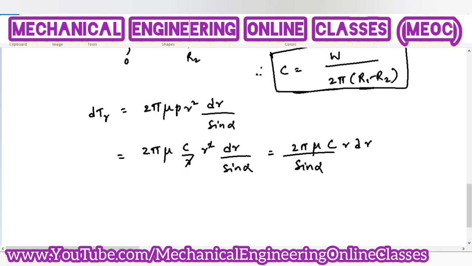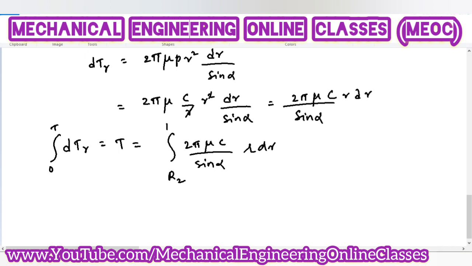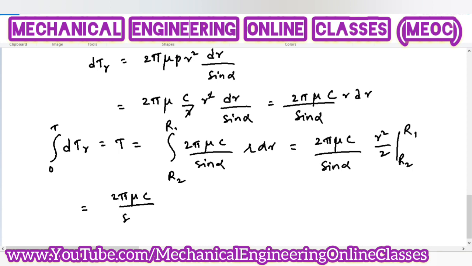Now if we integrate this on both sides, we get T is equal to 2 pi mu C by sine alpha, these are all constants, integral of R dr from R2 to R1. So we get 2 pi mu C by sine alpha into R square by 2 from R2 to R1. So this can be 2 pi mu C by sine alpha into 1 by 2 into R1 square minus R2 square.